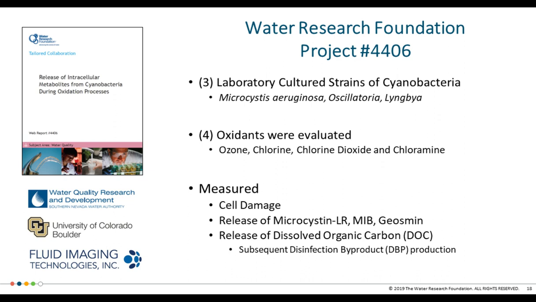These strains each produce different metabolites, for example, microcystin, MIB, and geosmin. So we also included taste and odor compounds. And each of those different strains of cyanobacteria had different morphologies or cell structures associated with them, which proved to be an interesting dynamic of this study.